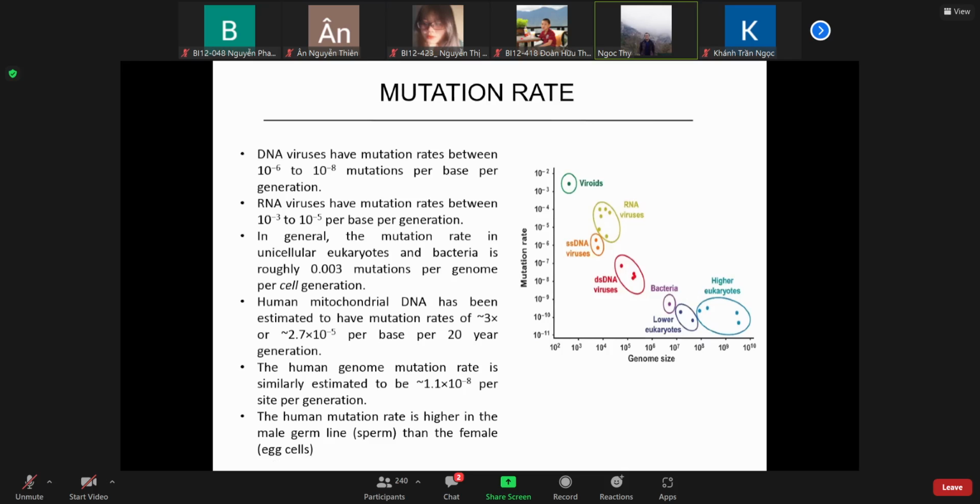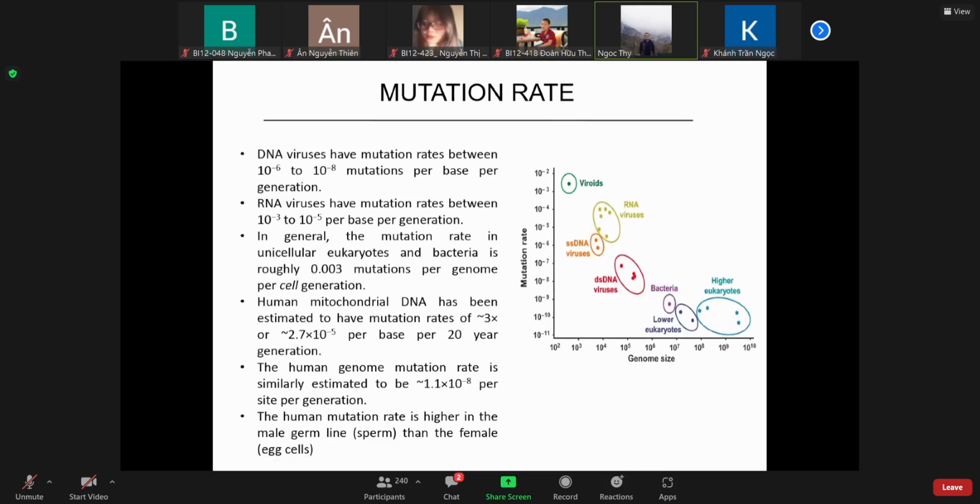In human, the mutation rate is about one mutation per 100 million base pairs. But because in higher-level organisms like humans, we have a DNA mutation repairing system, the success rate of this system is around 99%.